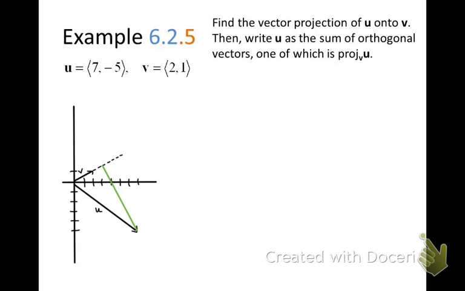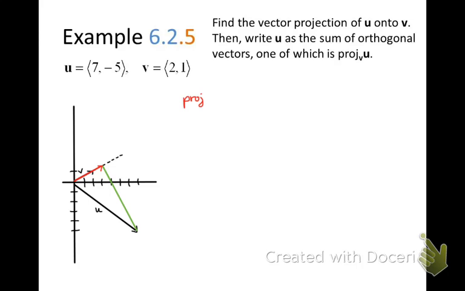Remember that my projection vector is actually still on which vector? It still is on v, right? So my projection vector technically is this one right here. Everyone see that? How do I calculate that vector? So notation-wise, I'm going to write that I am looking for the projection of u onto v.